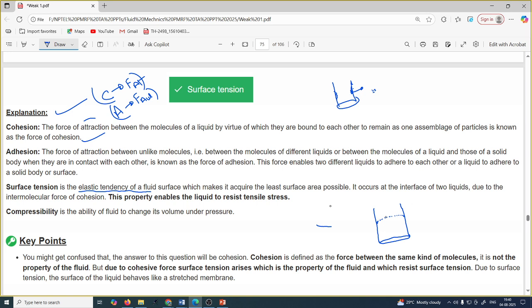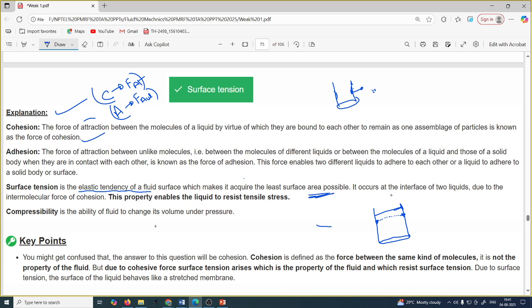The surface area of your glass is the whole surface area, but here a little bit less, because at the end your surface will be a little bit downward, not straight. So this much area and this much area will be unwetted. So the surface tension tries to acquire the least surface area possible.